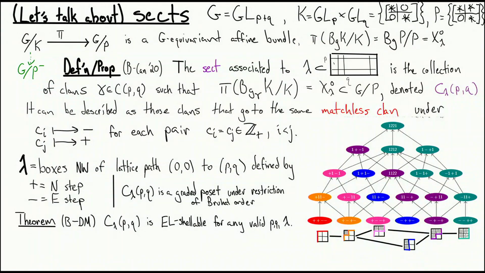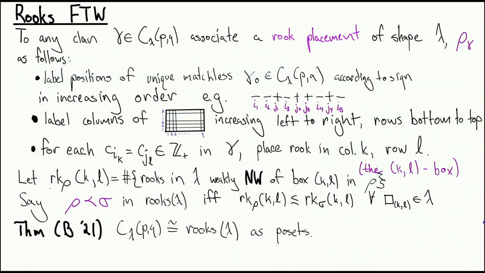And what we can show is actually the sects are EL shellable for any p, q and lambda, which is the partition shape that you fix. I won't say very much about how this works, but basically what happens is, if you fix your sect, you can associate to each clan a unique rook placement that lies within a board that is shaped like a partition, right?